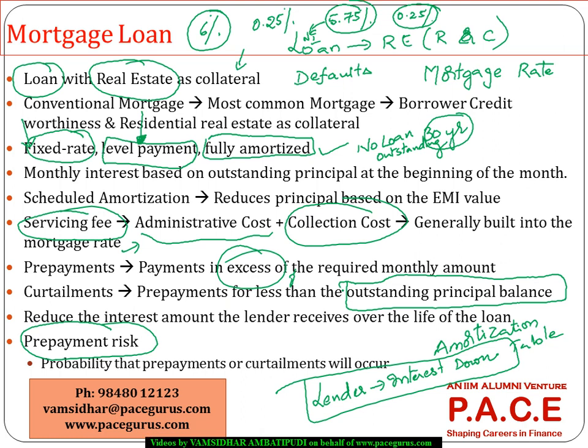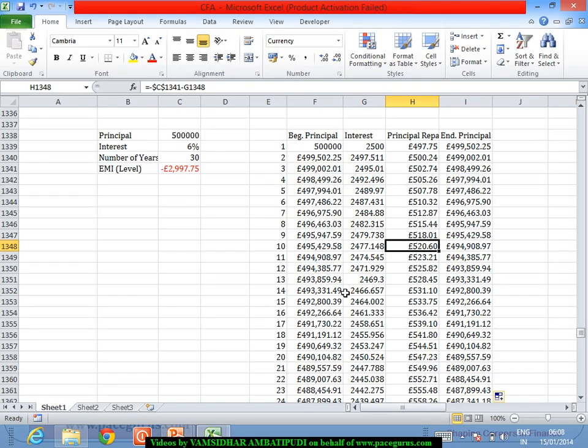So as a lender, I need to have some kind of processes in place for handling the prepayments as well as curtailments. This particular part is what we call the amortization schedule.